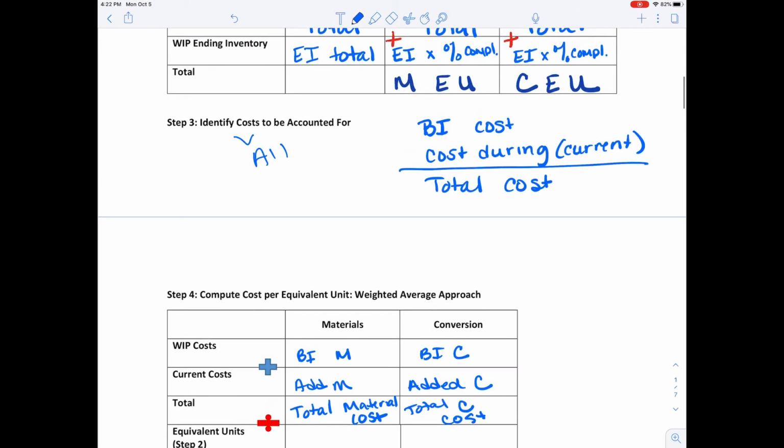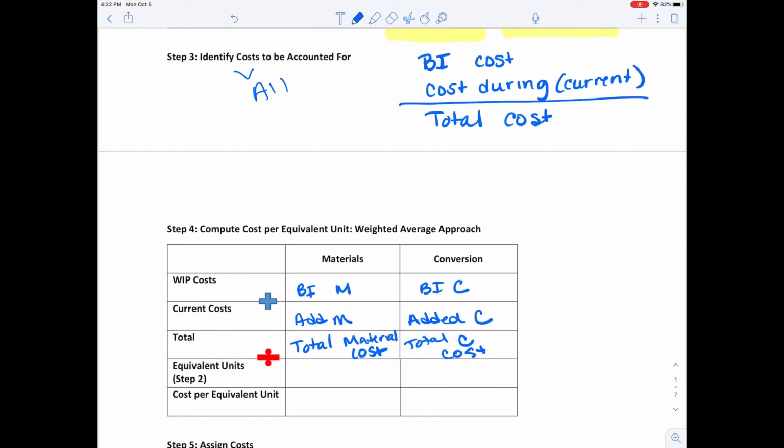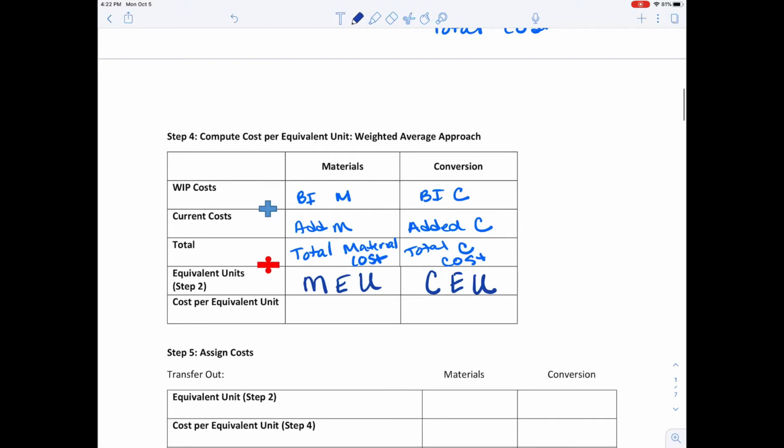Once we have those totals, we're going to come back up to step 2 here, and bring down those equivalent units that we calculated, and take our materials equivalent unit and our conversion equivalent unit, and find that cost per equivalent unit for both materials and conversion.